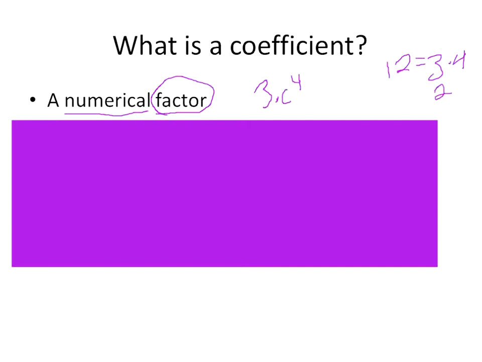Or 2 and 6 could have been factors because 2 times 6 makes 12. So in this case, we've got two numbers being multiplied together. One factor is 3. The other factor is c to the 4th. So we want the numerical factor, that means we're talking about the number 3, that number that's with the variable.